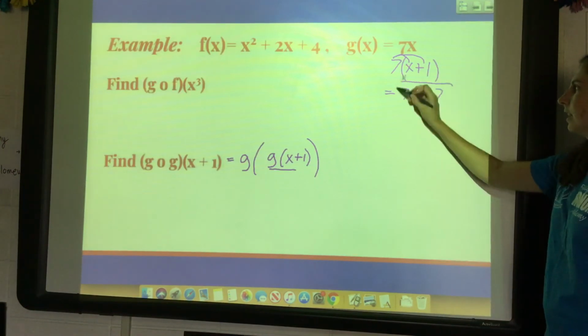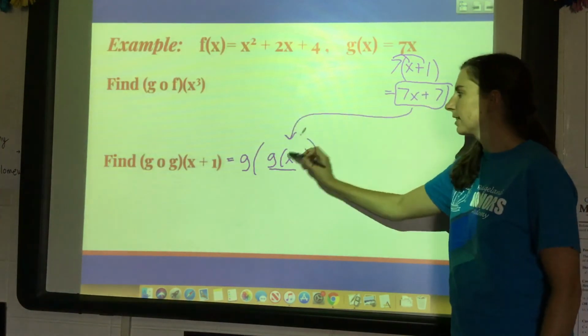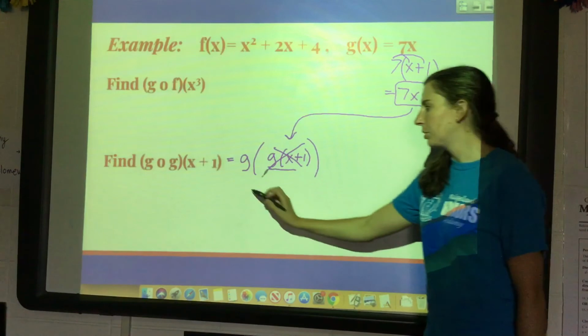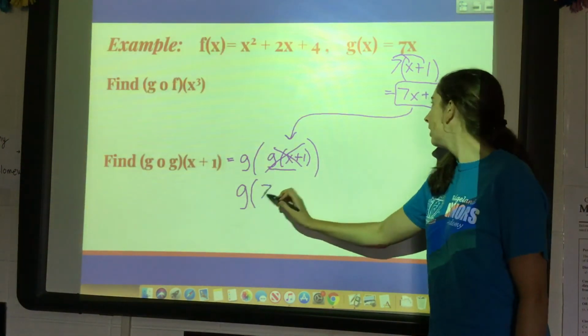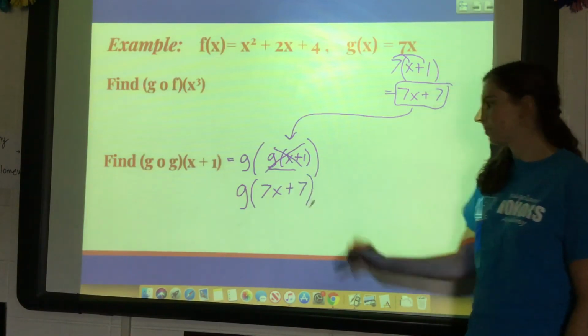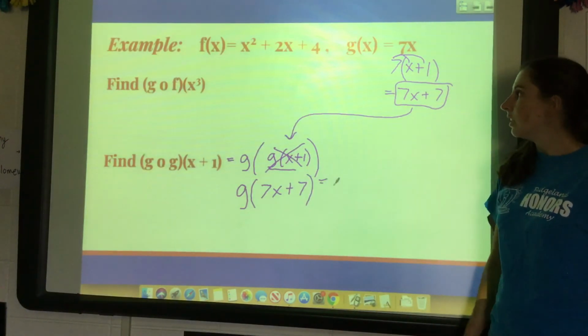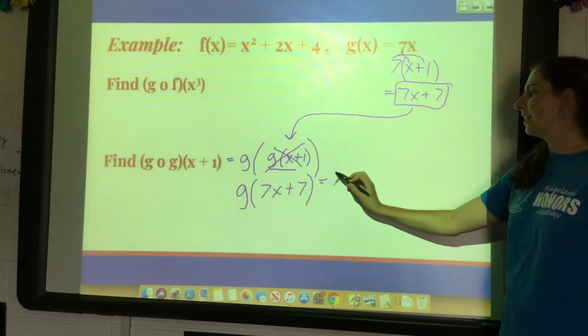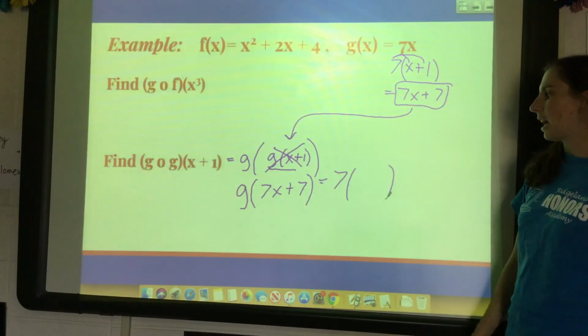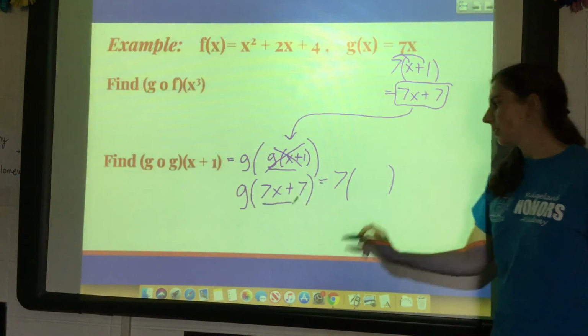Okay, this is going to replace that. So now I'm doing another g of this new input, 7x plus 7. So go find your g function, which is 7 times the input. But now my new input is this.